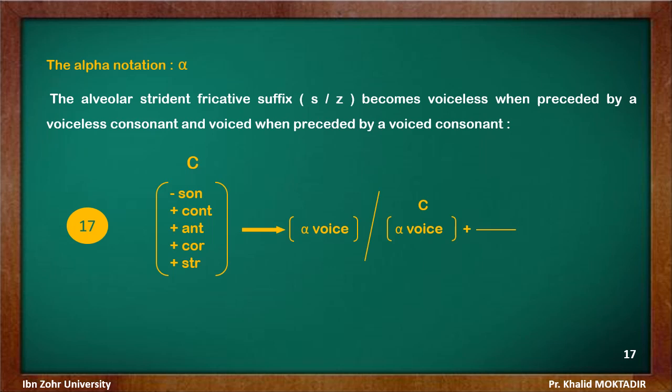Let's remember C stands for plus consonantal minus syllabic. Then we have minus sonorant plus continuant plus anterior plus coronal plus strident. And then it will become plus voice if the preceding consonant is plus voice. That's the context. Minus voice if the preceding consonant is minus voice. So alpha stands for plus in both cases, in both situations, or minus in both.